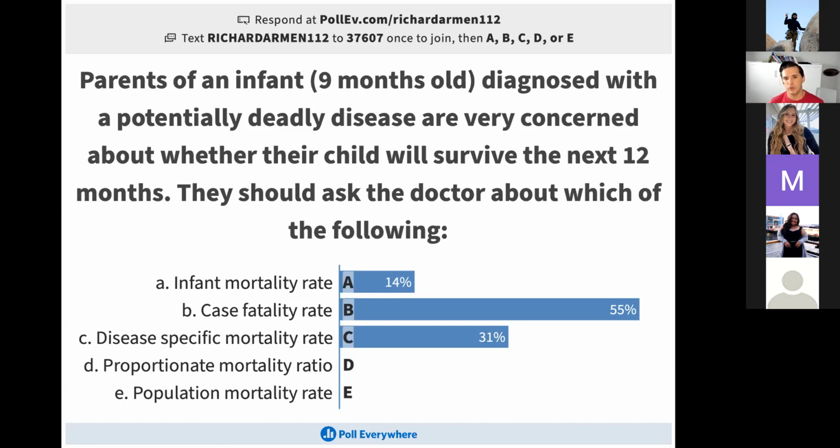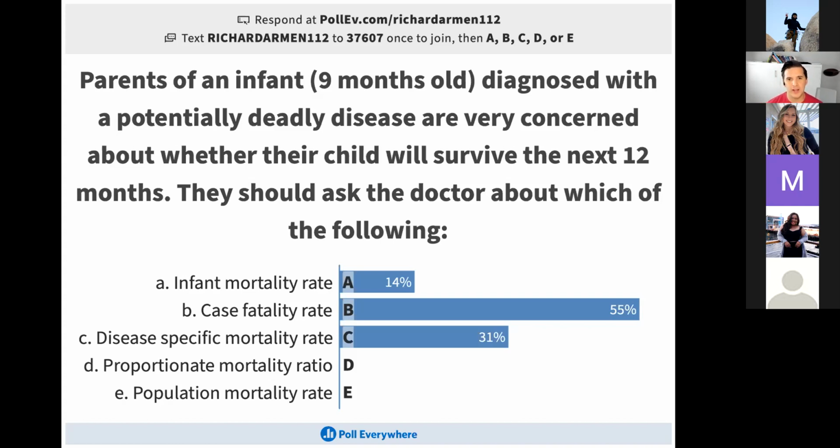And that's where the case fatality rate comes in, where the case fatality rate is the number of deaths due to that particular disease over the number of people who have that disease. So if we're thinking about what the parents want to know, they want to know of the other children who have been diagnosed with this disease, how many are dying?